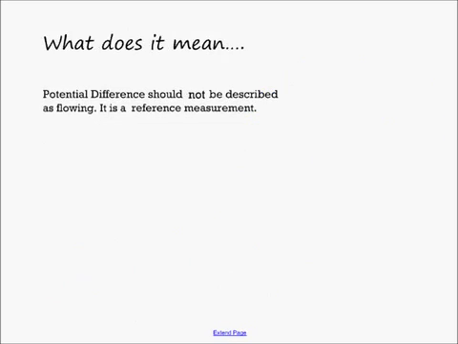Remember, potential difference should not be described as flowing; it is a reference measurement. When you attach a voltmeter, you're looking at the reference from one point to another, and the difference between those 2 points in terms of how much energy per coulomb there is, is the potential difference. It's essentially how much work is done in moving a charge from one point to another.